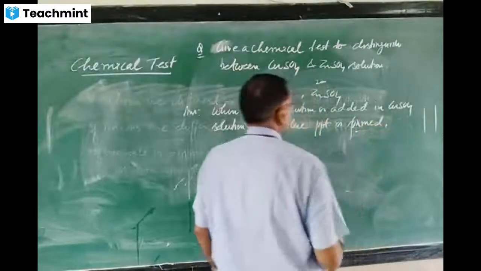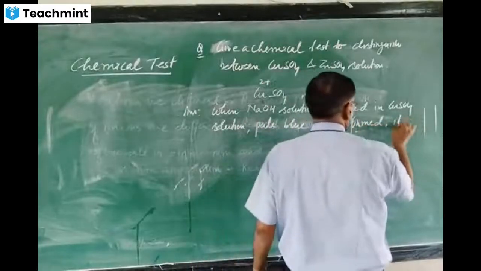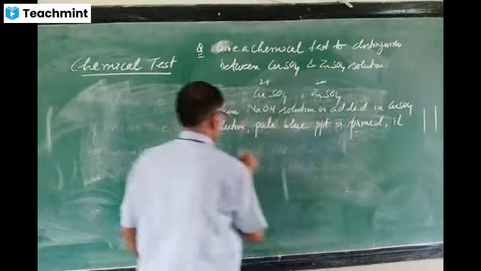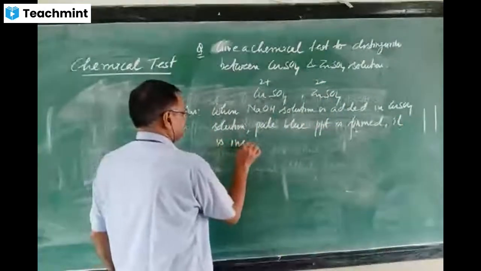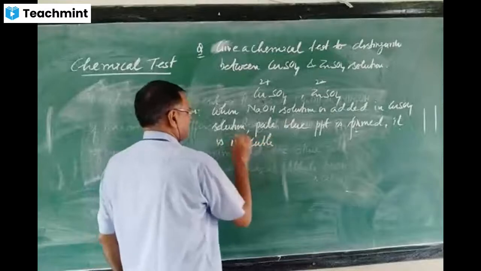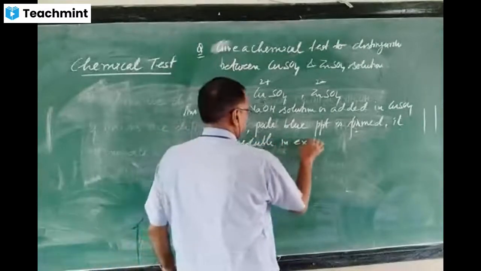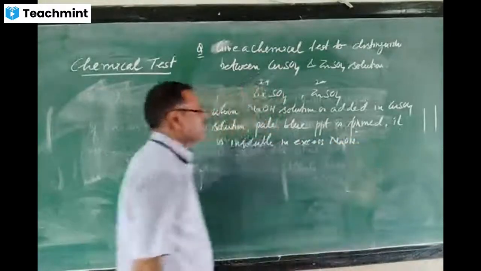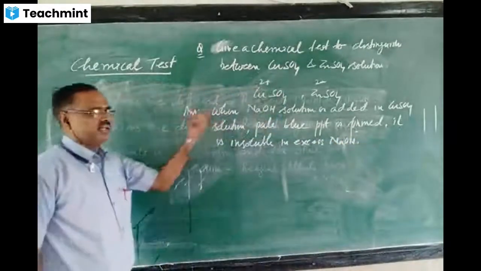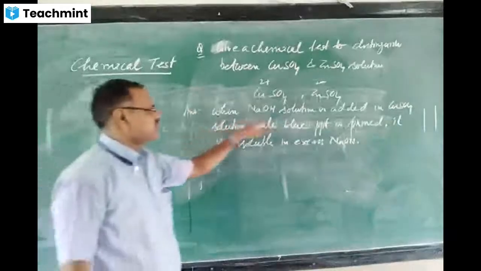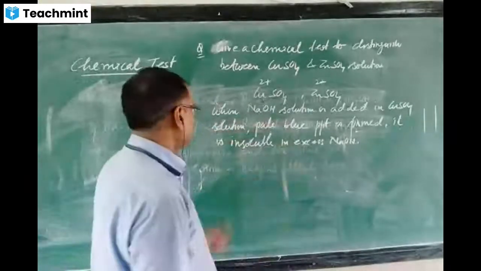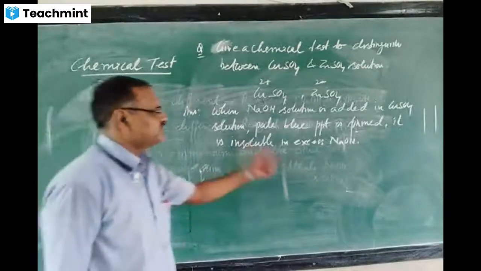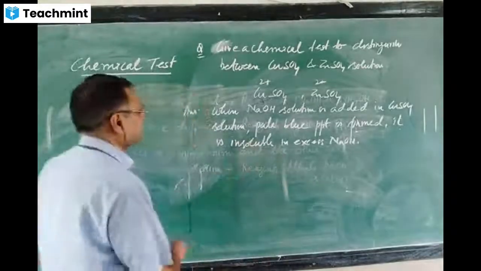It is insoluble in excess sodium hydroxide. So this is the test for copper sulfate. When sodium hydroxide solution is added in copper sulfate solution, a pale blue precipitate is formed. It is insoluble in excess sodium hydroxide.